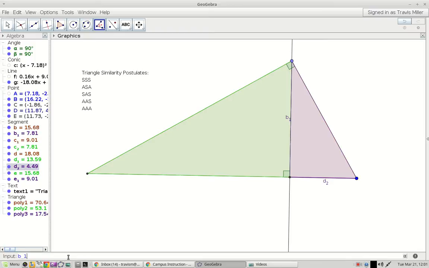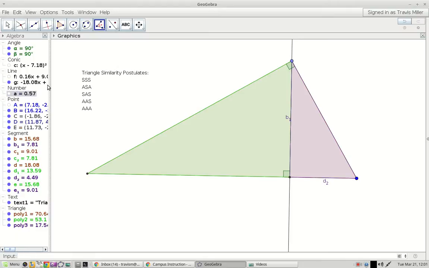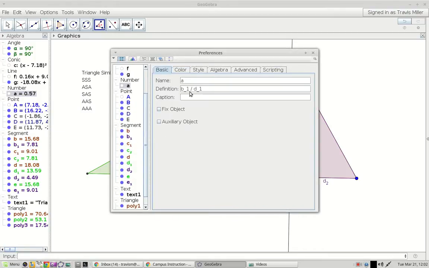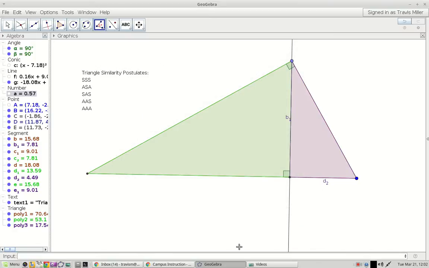B sub 1 divided by D sub 1. That gives me a number right here. You can look at the object properties, and it's based on B1 divided by D1. Right now it's 5.7. So let's find what this side is.